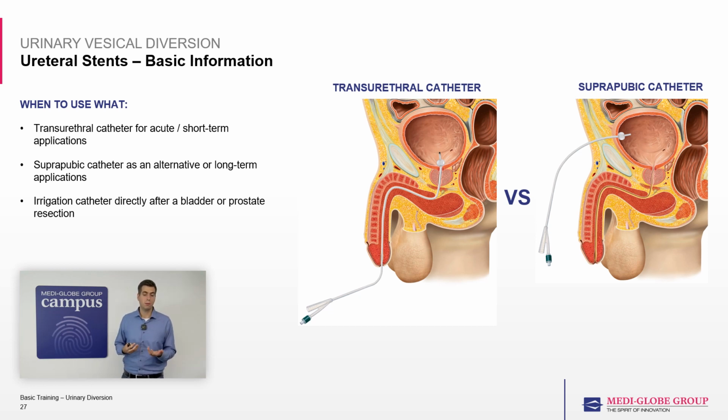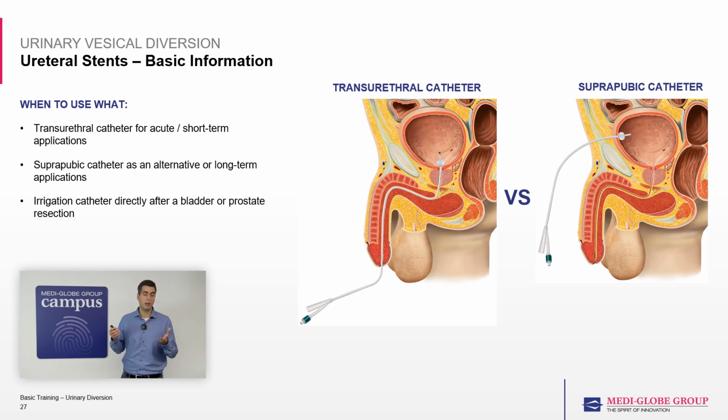But sometimes the blockage, for example, due to a very heavily swollen prostate, makes it not possible to get in a transurethral catheter. So what you have to do now is to puncture the skin to get a catheter inside of the bladder from the outside, which are then the so-called suprapubic catheters.